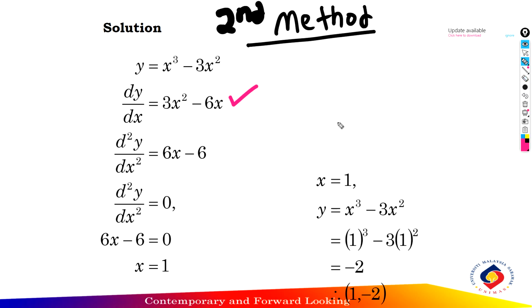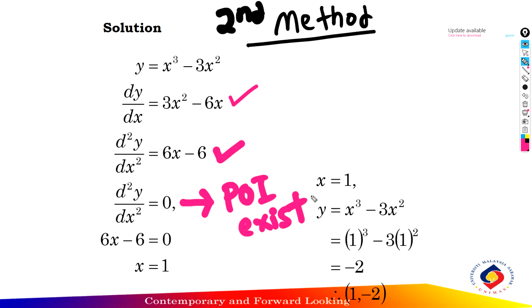And then you find the second derivative of the cubic function, 6x minus 6. When the second derivative equals 0, the inflection point exists. Okay, you let the second derivative equal 0 and find the value of x.